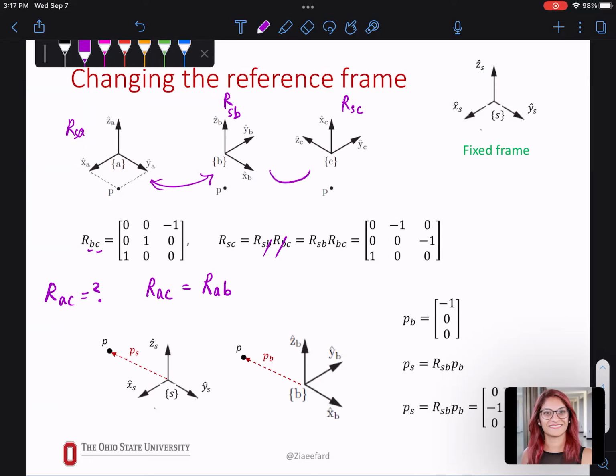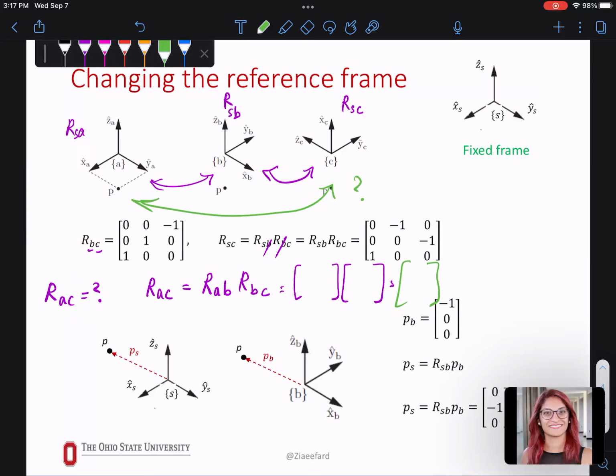I also know the rotation between these two. I want to know what's the green one. All you have to do is take RAB and RBC, multiply them, and it will give you that rotation. Because they commute, there is a relation, you can go.